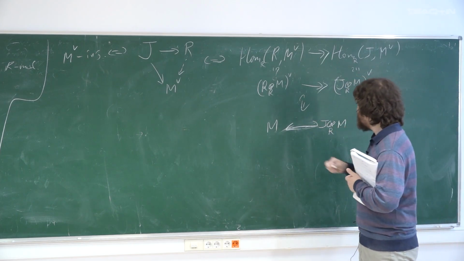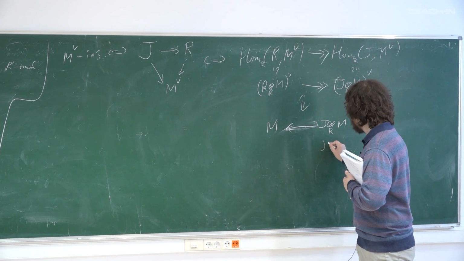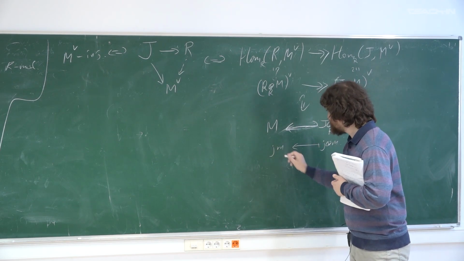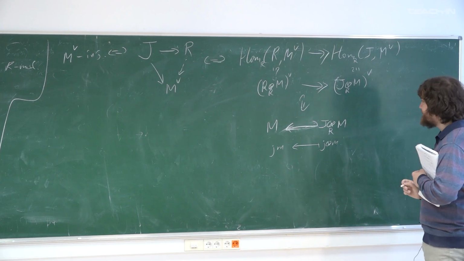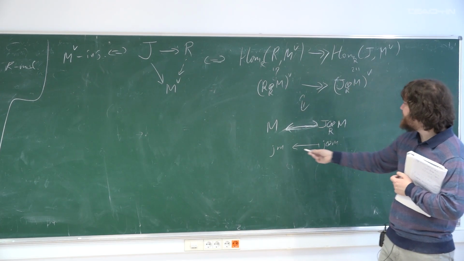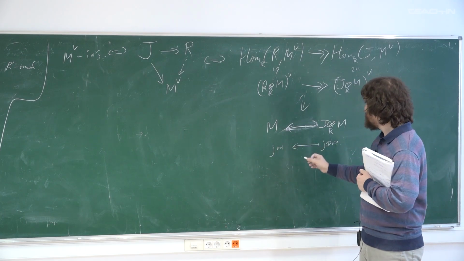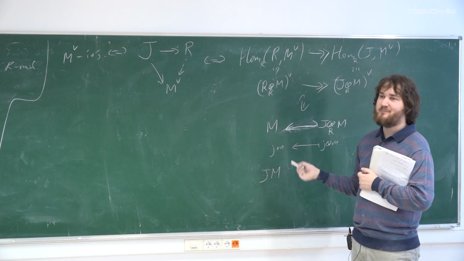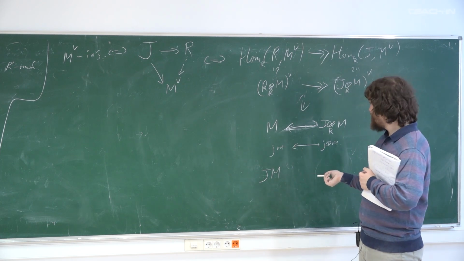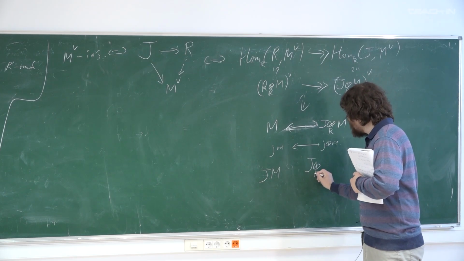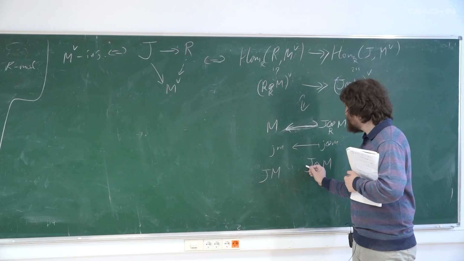It's the natural map which sends J tensor M to JM. And what is the image? The image of this map is just the so-called module JM, the module generated by these multiplications. So this is equivalent to saying that this natural map from the tensor product to the product is an isomorphism.